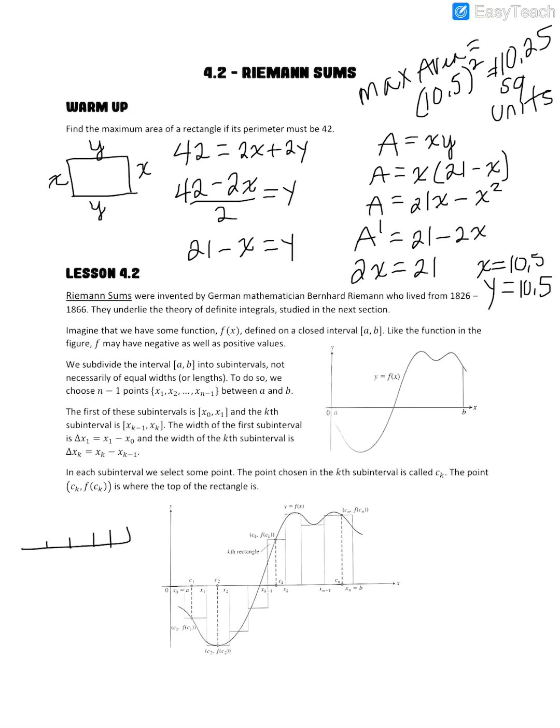All right, the first of these subintervals is x0, x1. And the kth subinterval is xk minus 1, xk. The width of the first subinterval is the change in x sub 1, which is equal to x sub 1 minus x0. And the width of the kth subinterval is the change in x sub k, which is x sub k minus x sub k minus 1.